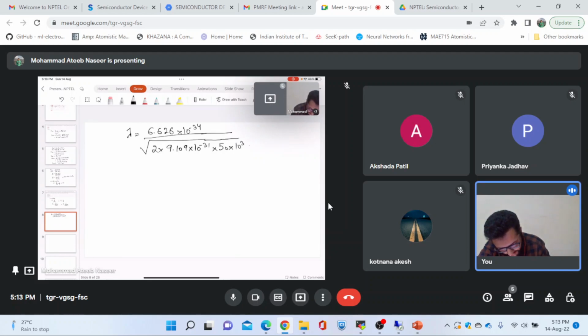So 10 to the power 3 into, let's multiply by the electronic charge so that we will convert it into joules, 10 raised power minus 19.